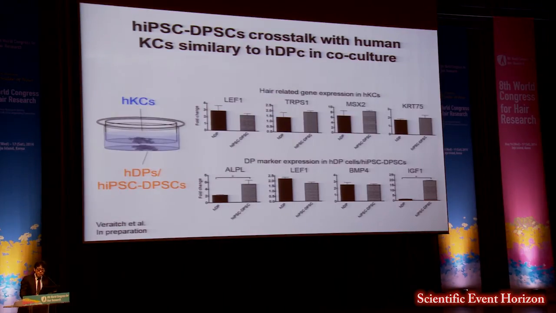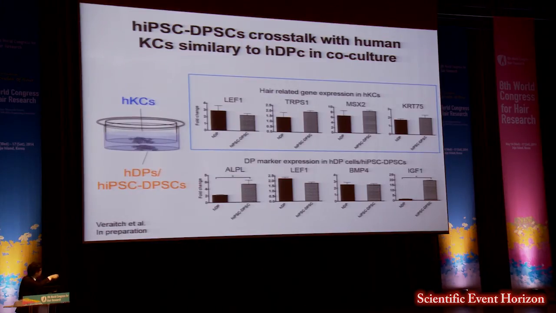And we go on to the functional assessment of those cell populations. What we did is co-culture the human dermal papilla cells or iPS-derived DPSCs with human keratinocytes, and assess whether those cell populations can reproduce epithelial-mesenchymal interaction in vitro or not. As you can see here, the keratinocytes upregulated hair follicle-related genes equivalent to the cultured dermal papilla cells when they are co-cultured with the human dermal papilla substitute cells.